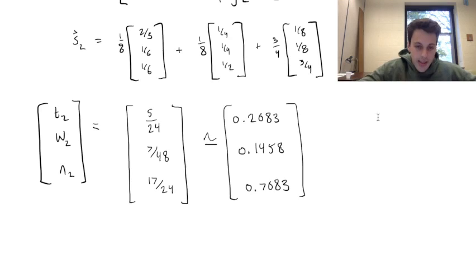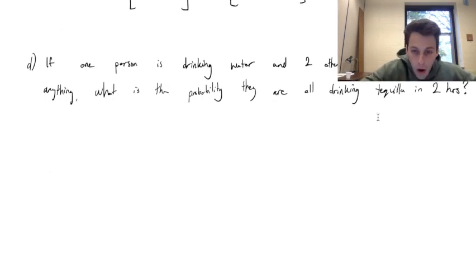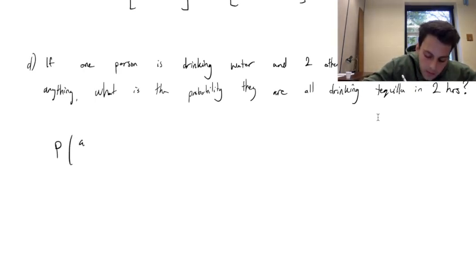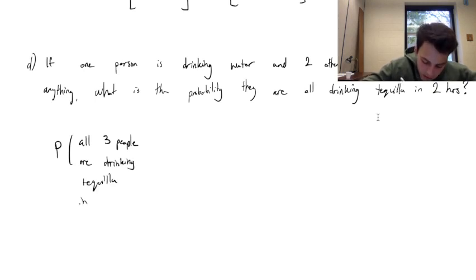So question D. If one person is drinking water and 2 others are not drinking anything, what's the probability that all 3 people will be drinking tequila in the next 2 hours? Okay, so coming back to probability. The probability that all 3 people are drinking tequila in 2 hours from now, let's clean this up a bit.